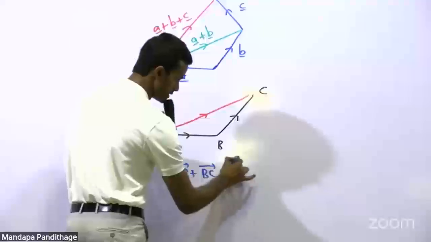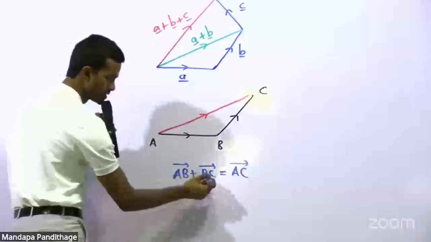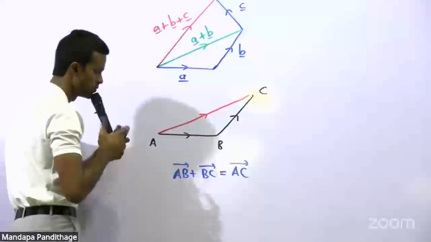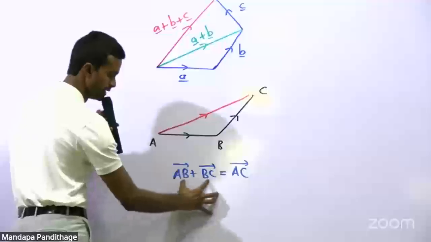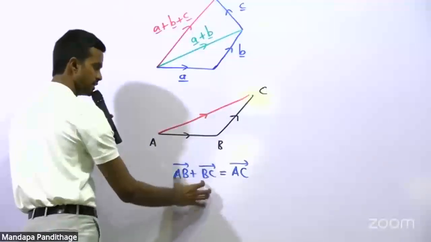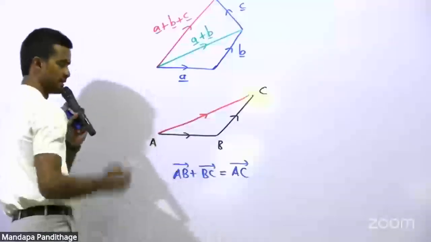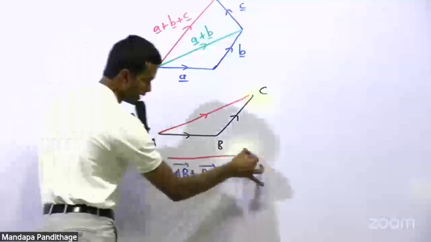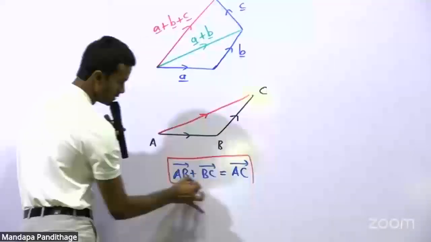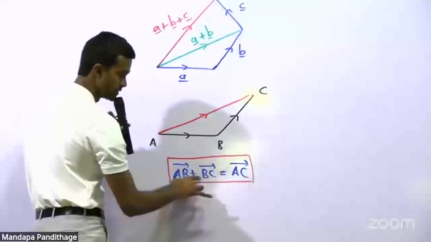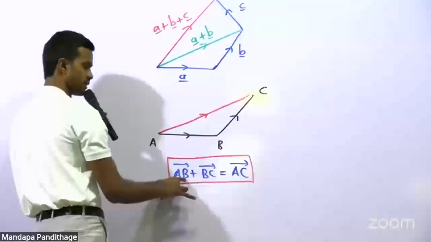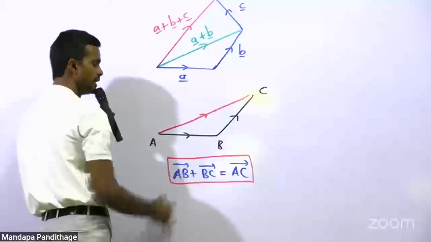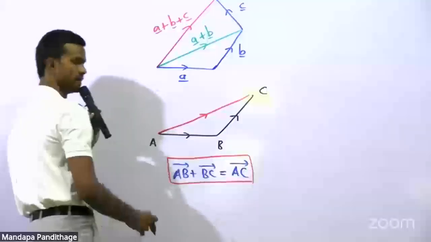Because these two B are the same, we say that these two disappear to give you AC. So this is the algebraic notation of vector addition. AB stops at B, and BC starts from B. So B cancels off to give you AC.